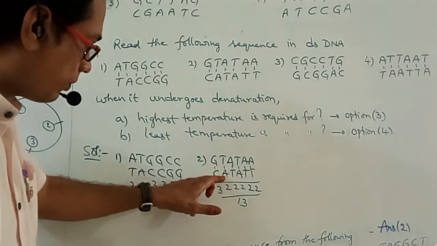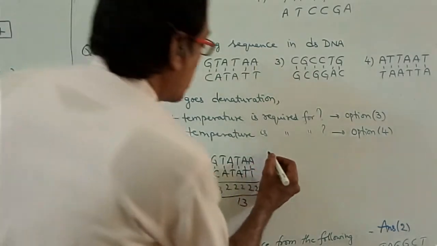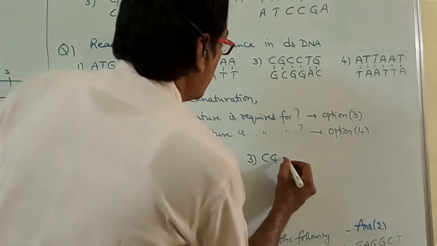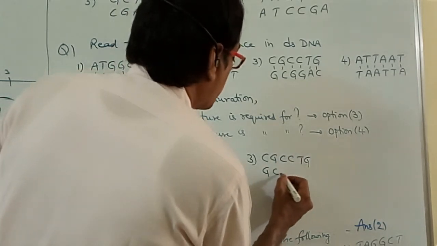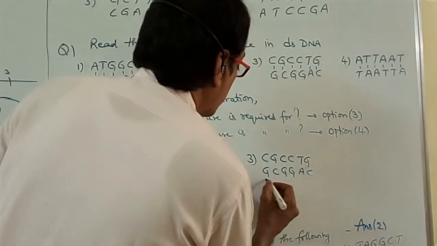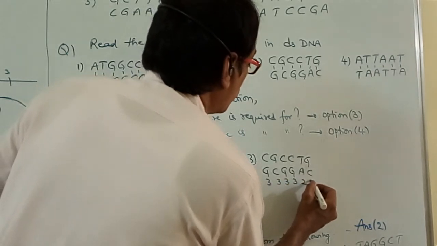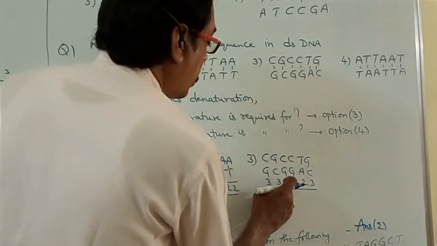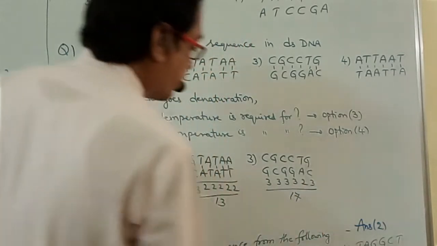Next, third option we have to check. C, G, C, C, T, G; G, C, G, G, A, C. 3, 3, 3, 3, 2, 3. How many? 3 plus 3, 6, 9, 12, 14, 17 hydrogen bonds.